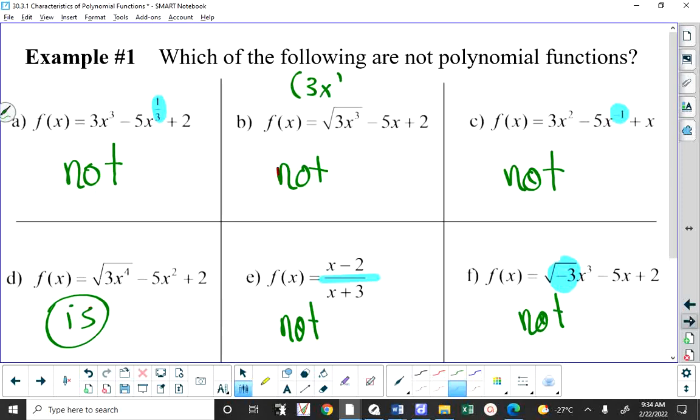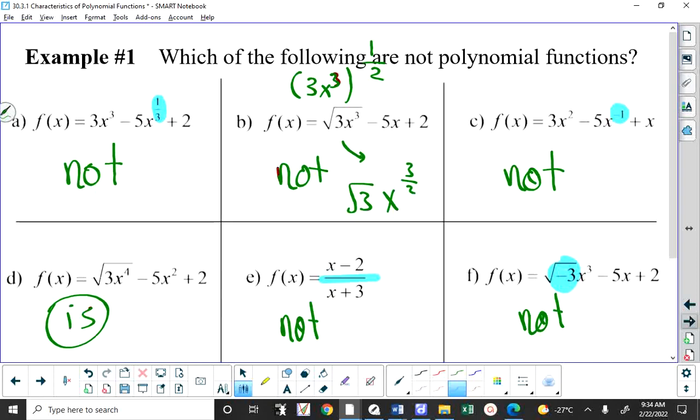If we take the square root to mean an exponent of a half, which is what it means, and we apply it to that x, you're going to end up getting root 3, and then x to the 3 halves, but 3 halves is not a whole number.